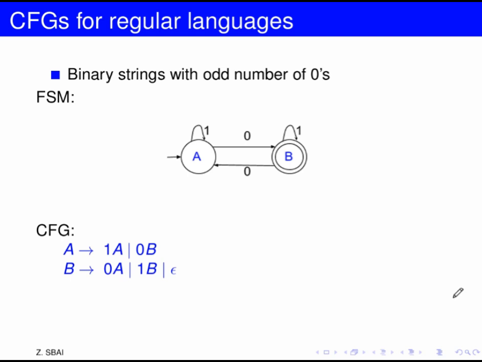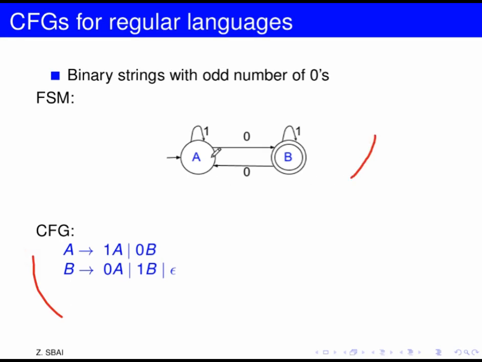There's a simple way here to write a context-free grammar. We may use the same names of the states, A and B, as the names of variables in the context-free grammar. The start state here is A, so the start variable in the context-free grammar will be A. We will write A is substituted by 1A, since we have here an arc going from A to A with the symbol 1.